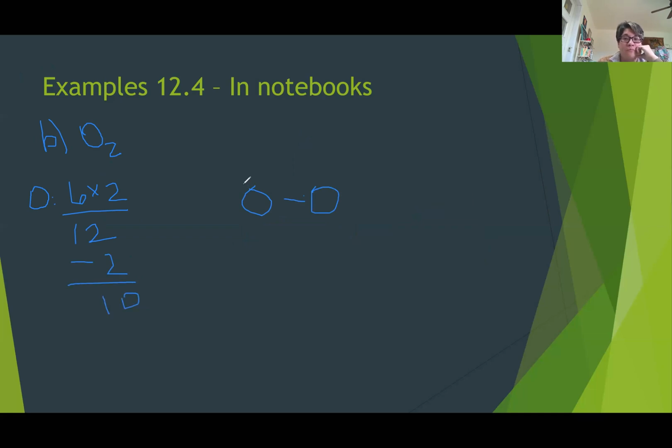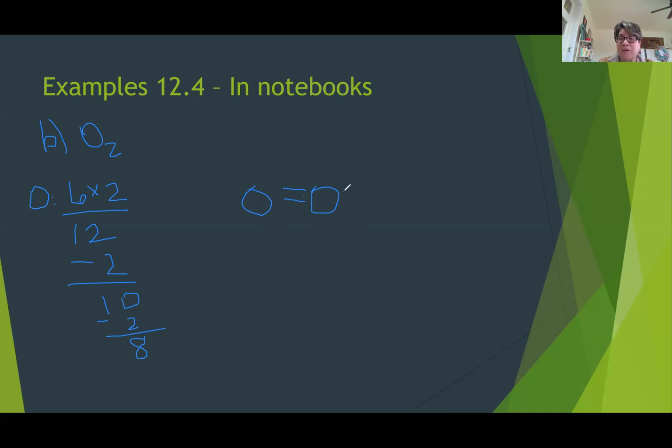So if I were to put 6 on each of these, that would be a total of 14, which is too many. So if I don't have enough electrons, I start double bonding. So I'm going to double bond. Now I've used 4. Hopefully what I said just made sense. If not, ask me. And then I have 8 left.